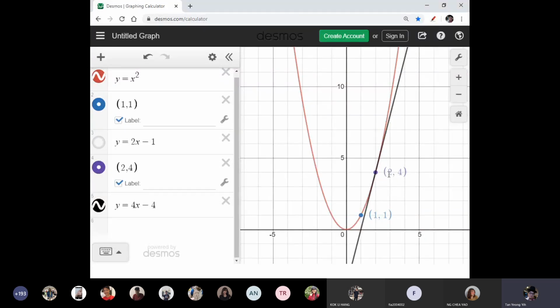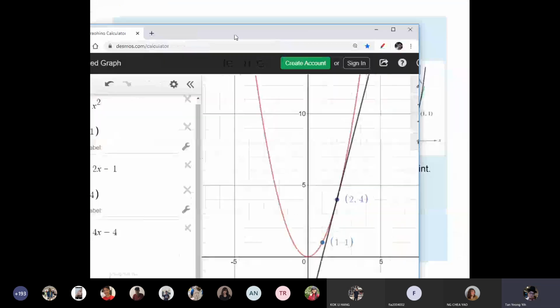And from here, I know the slope is 4, so the slope of the curve y equals x squared at this point is 4. Before we learn differentiation, we use the tangent line to find the slope of the curve.